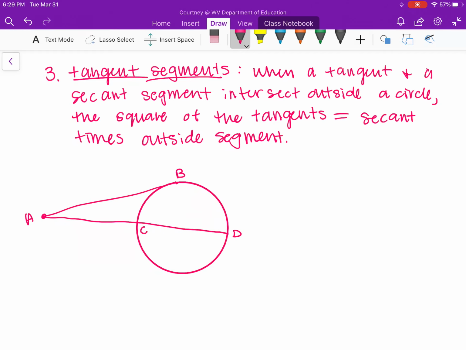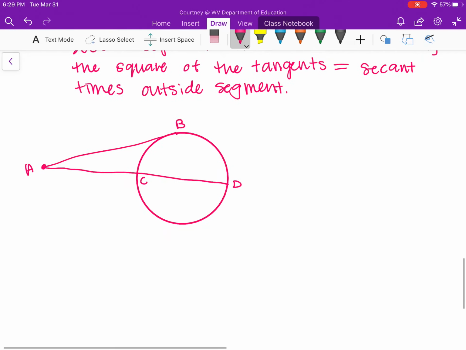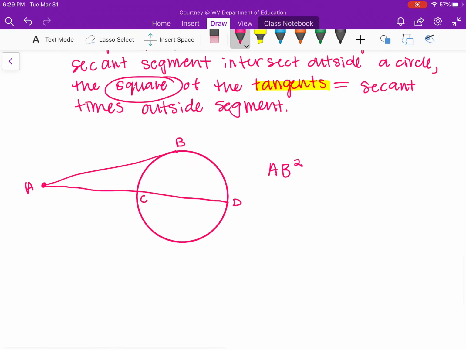Here's our C, this is D. Then the tangent, look back up here, tangent, which is the AB, squared, the square of it equals the secant, which is AD, the whole thing, and then it says times the outside segment. Well, what's the outside segment? AC times AC. Okay, I'll color code it for you.